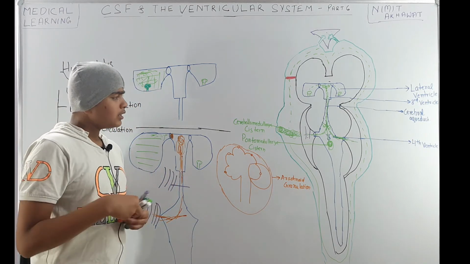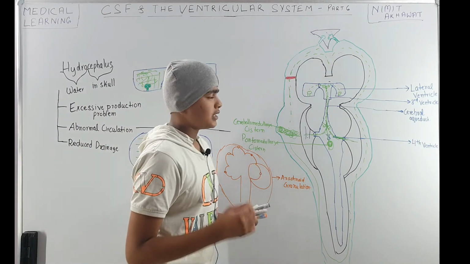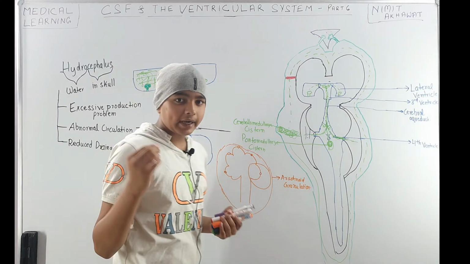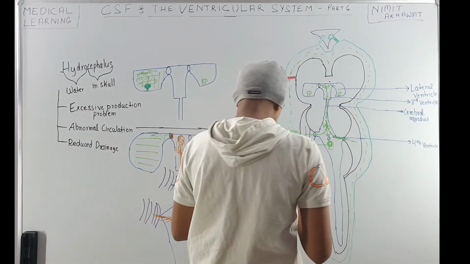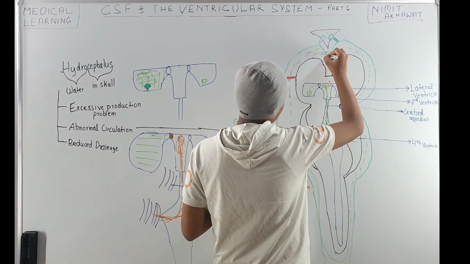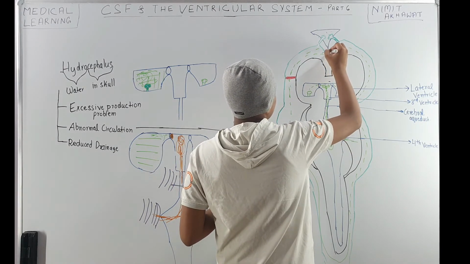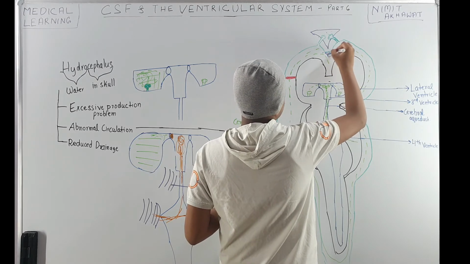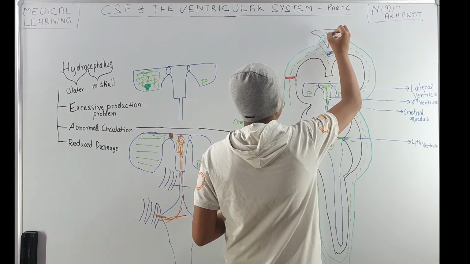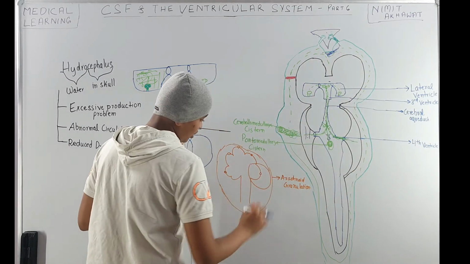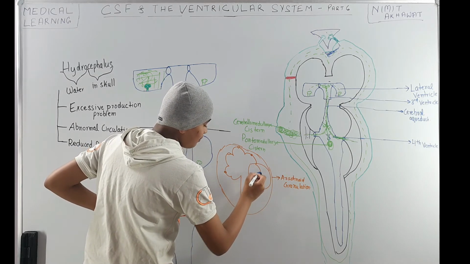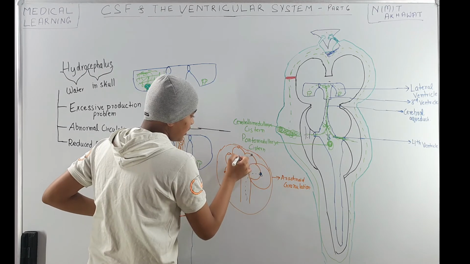Now, RBCs, red blood cells, WBCs, white blood cells, normal cells or bacteria may be floating in cerebrospinal fluid. For example, a few bacteria, RBCs and WBCs are floating in cerebrospinal fluid. These red blood cells, white blood cells and bacteria block the microscopic holes present in the arachnoid villi.